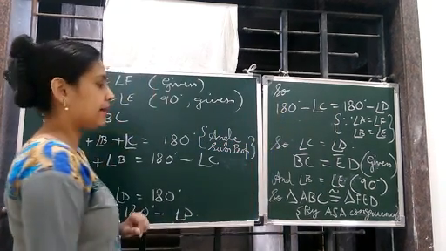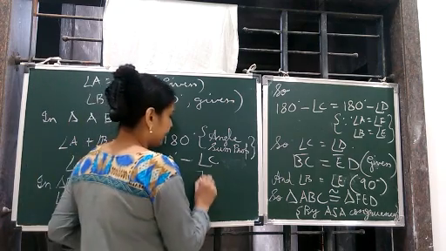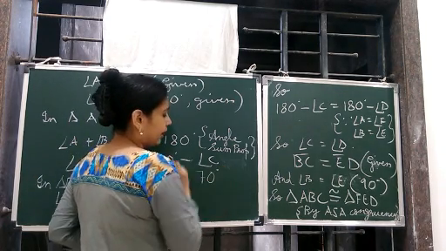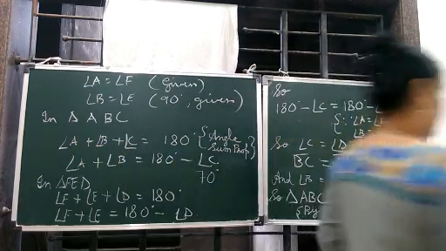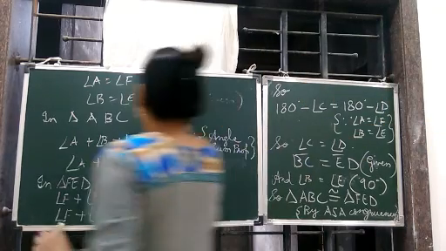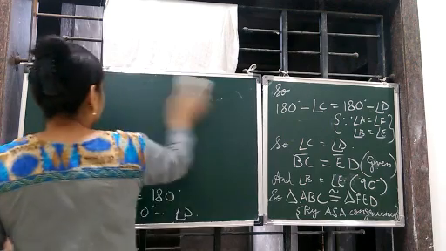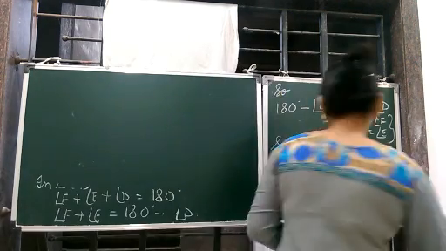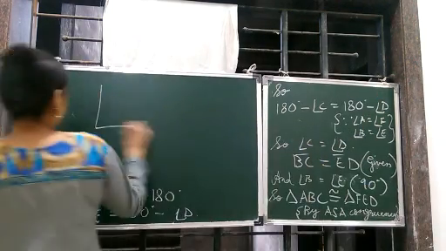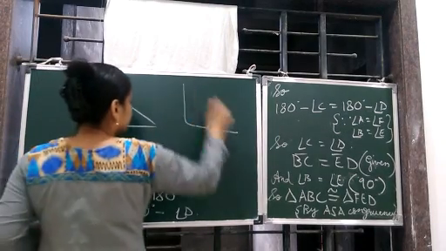See, if you take an example, let me erase the board. Let's take two triangles like this.